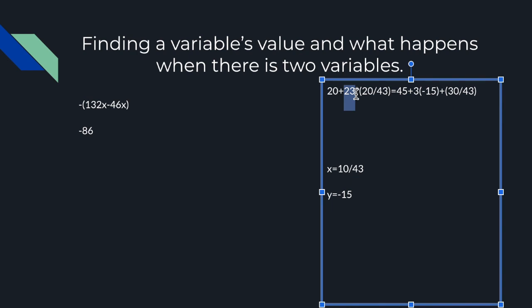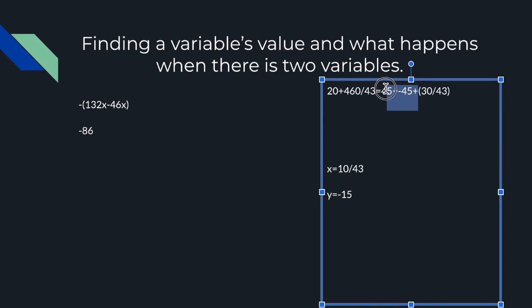We're going to double that, and we have 400. So the answer here is going to be 400 plus 60, so 460 divided by 43. Now we have negative 45 here, and that's just it.